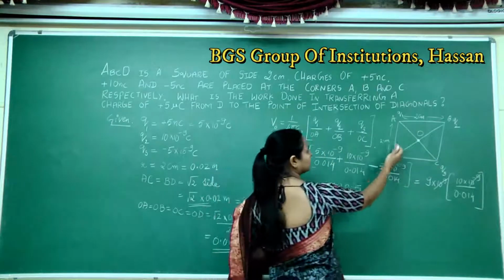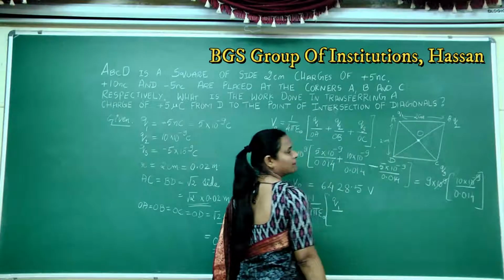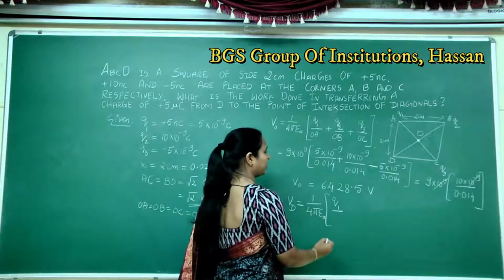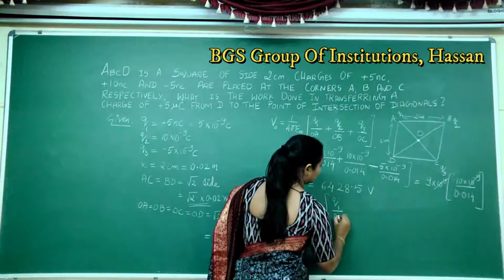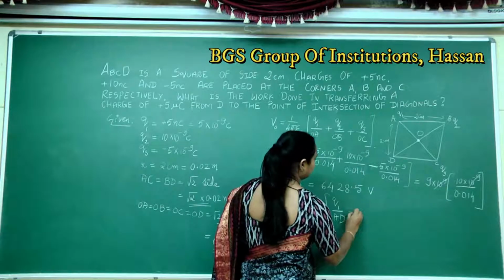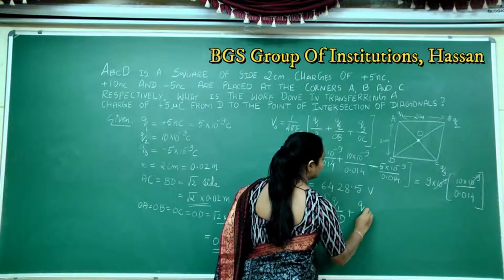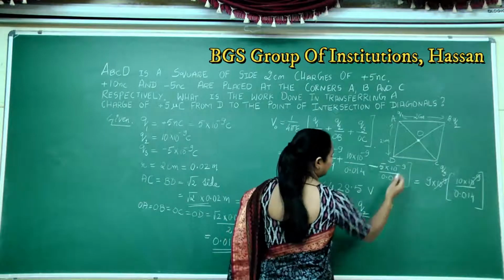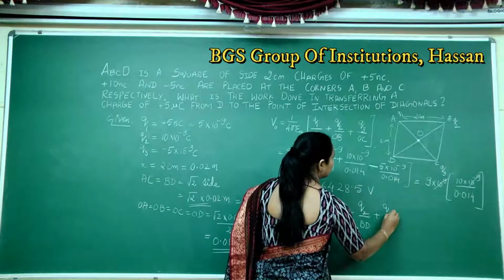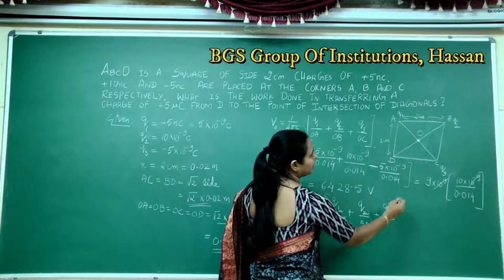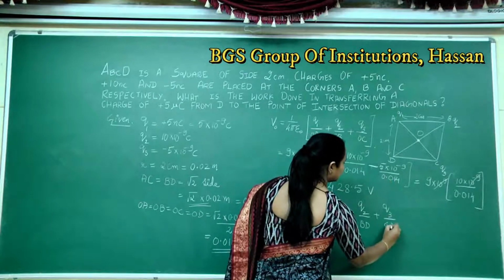And what is the distance of the charge Q1 from the point D? It is the side, which is equal to AD, plus Q2 divided by BD, plus Q3 divided by CD.